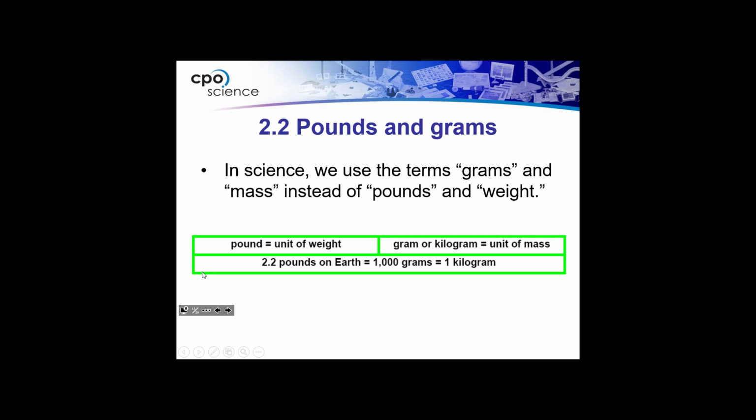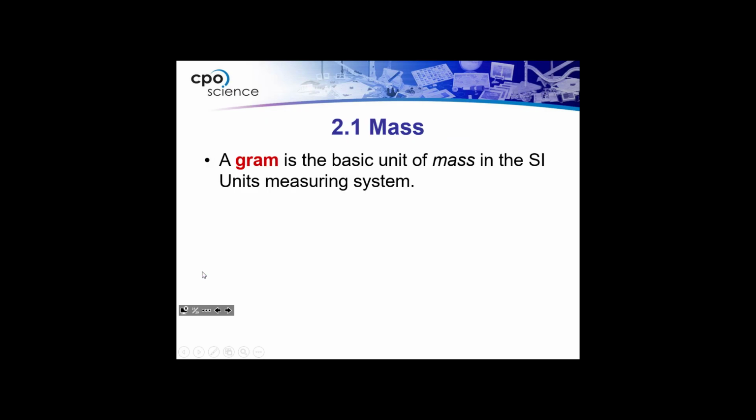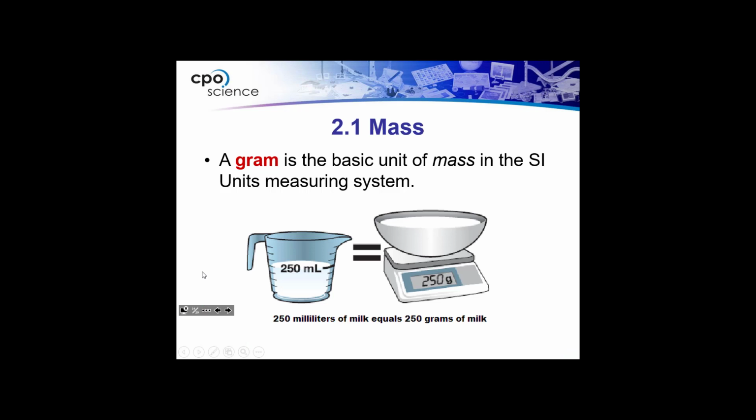We're going to use the metric system here, so we'll be thinking more about kilograms, milligrams, or centigrams than 2.2 pounds. Like I just said, grams is the basic unit for mass in SI units.